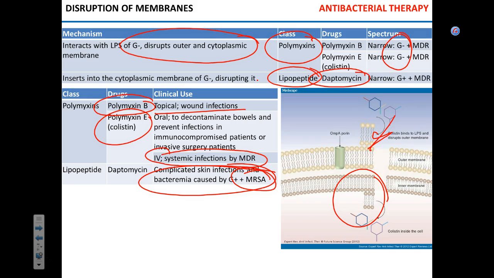Against what? Appears almost like more resistant type of microbes. What is the mechanism of action? What do they do? This one breaks down the membranes. What's the problem with that? Do you see the problem with antibiotics that disrupt the membranes?